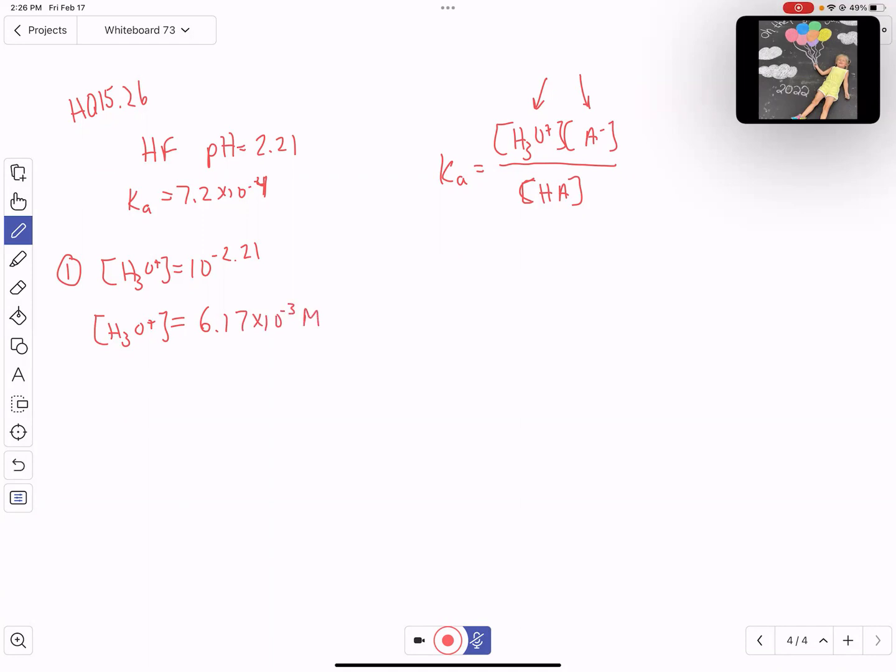Now I can plug that into the Ka expression, because I know hydronium should equal the concentration of the conjugate base as well. So Ka of 7.2 times 10 to the minus 4 equals hydronium 6.17 times 10 to the minus 3, times conjugate base 6.17 times 10 to the minus 3.